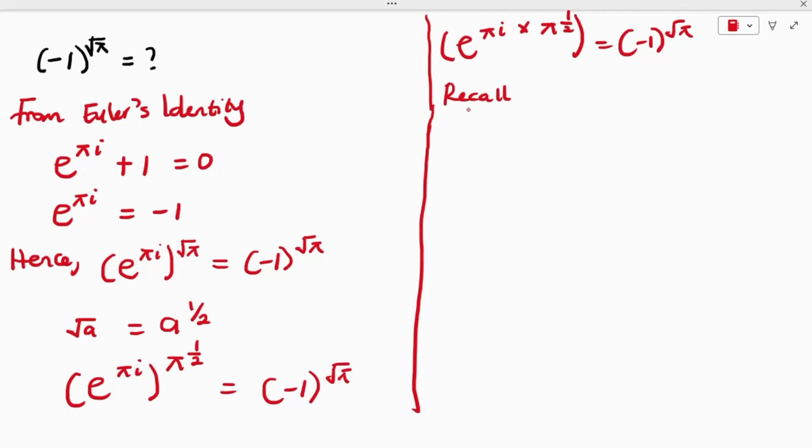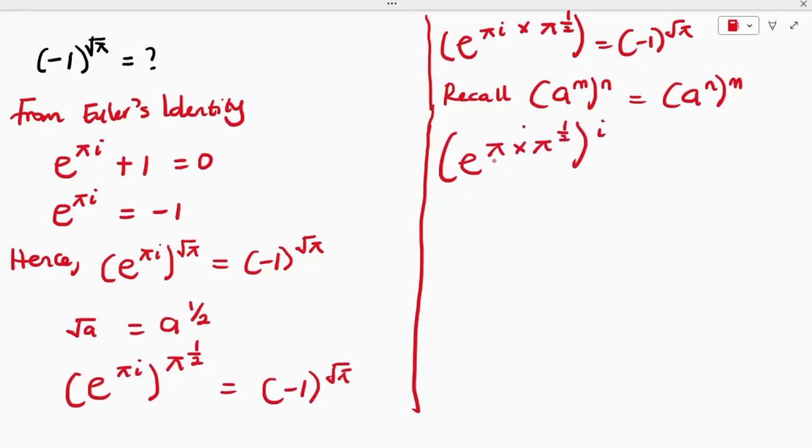Recall that a raised to the power of mn can be written as (a^m)^n. So we can easily rewrite this to be e raised to the power of pi multiplied by pi raised to 1 over 2, all raised to the power of i, is equal to (-1) raised to the root of pi. Now we note that this pi is raised to the power of 1.